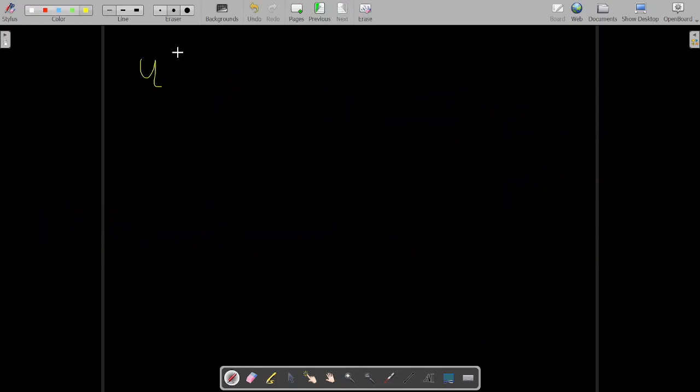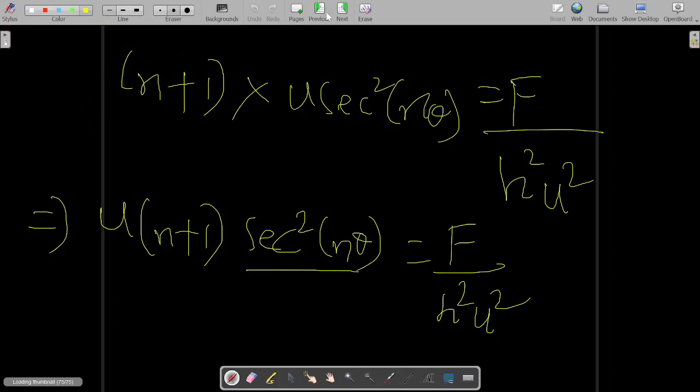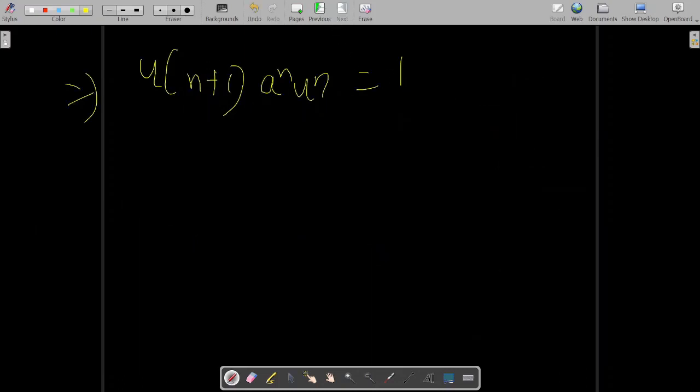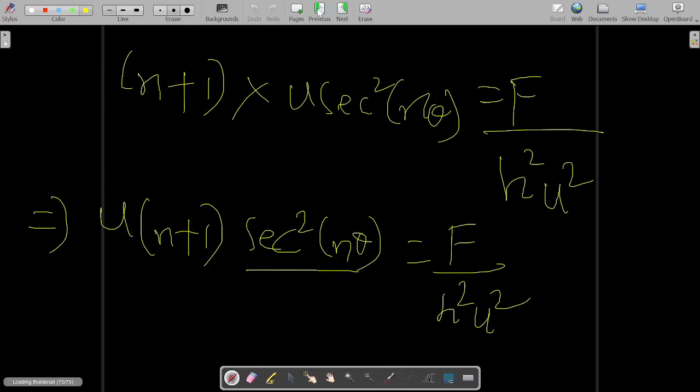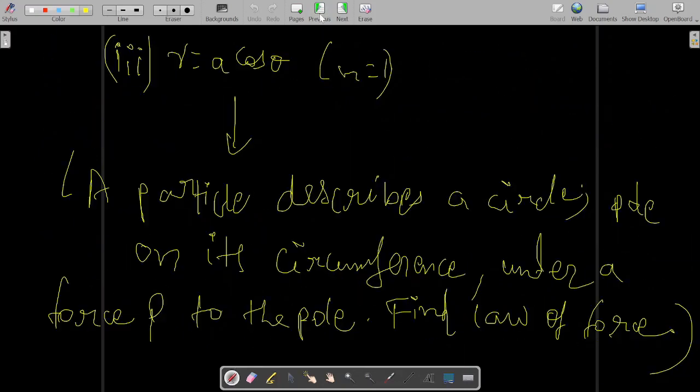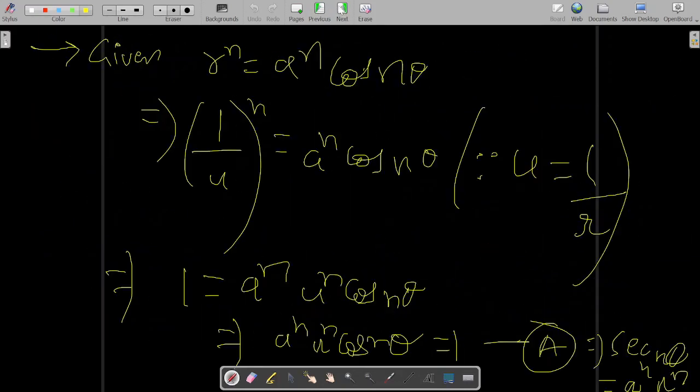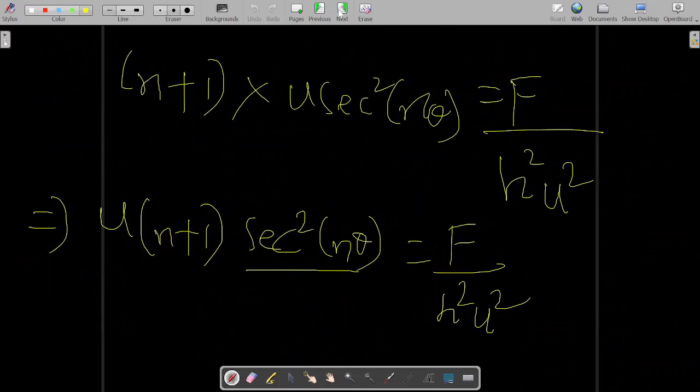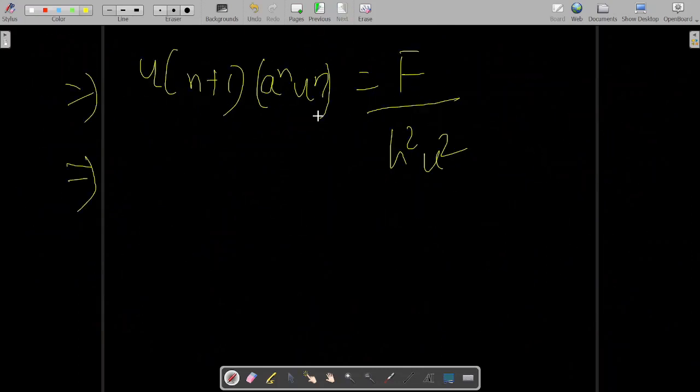So u(n plus 1) times a to the power n u to the power n, is equal to f divided by h square u square. So that implies, oh sorry, sec square is there, right? What we have got in equation A is sec nθ, so we will have a square over here.